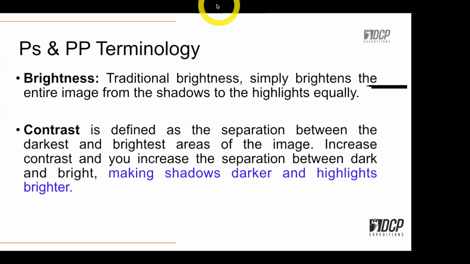Brightness traditionally simply brightens up the entire image from shadows to highlights. So if I am increasing brightness, I am shifting the whole tonal range from left to right. Okay. Hope you understand this.